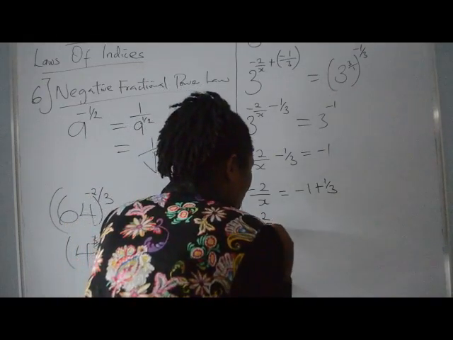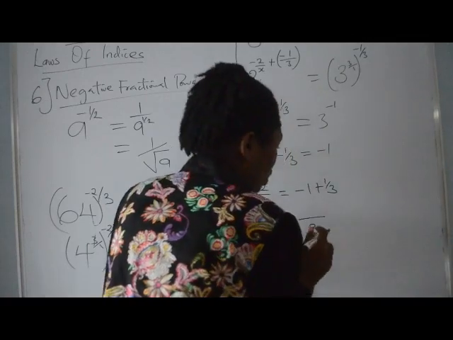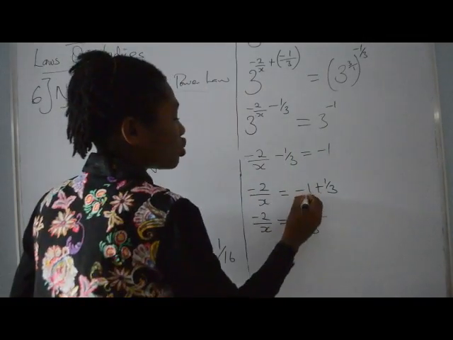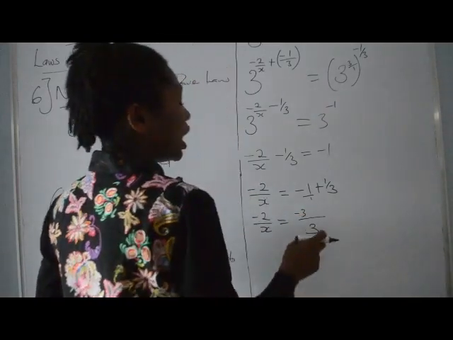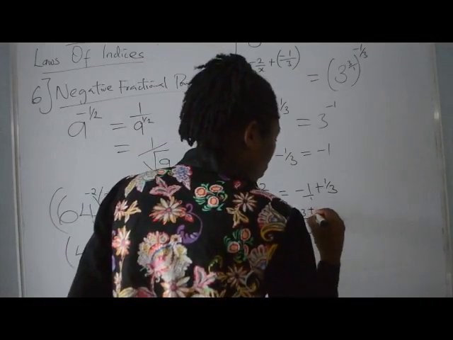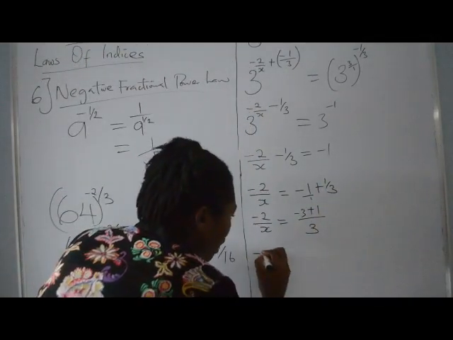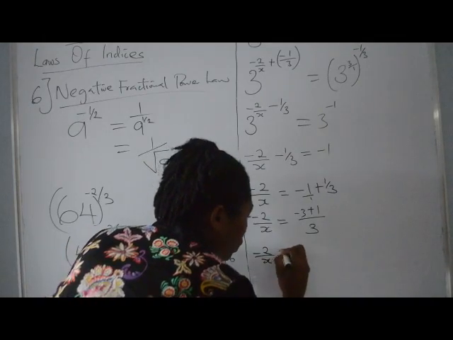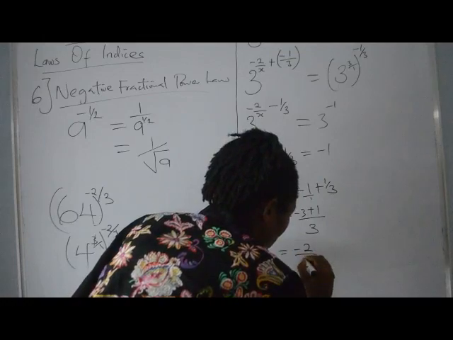When we do this math, our denominator is 3. So 3 into 1, we have 3 times minus 1, which is minus 3, and then 3 into 3 is 1, and 1 times 1 is 1. So minus 2 over x will be giving us minus 3 plus 1, which is minus 2 over 3.